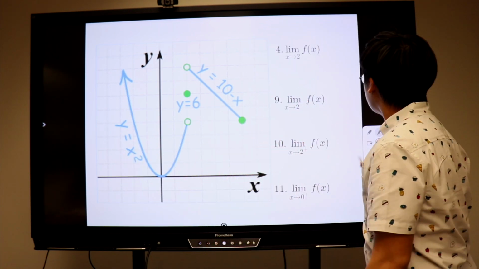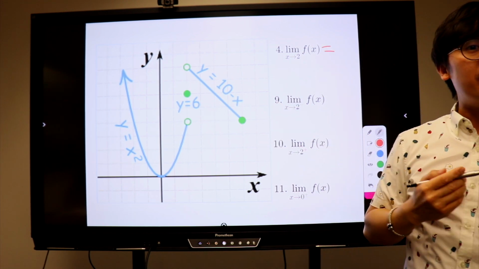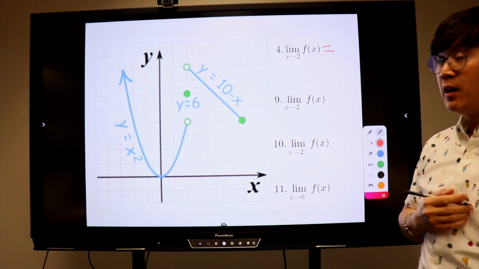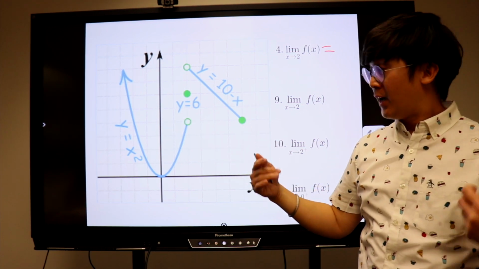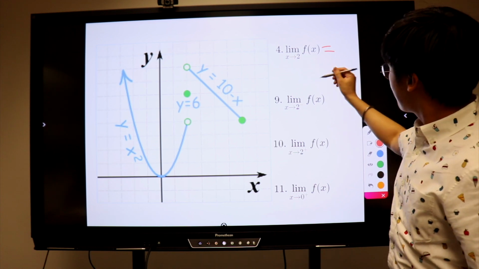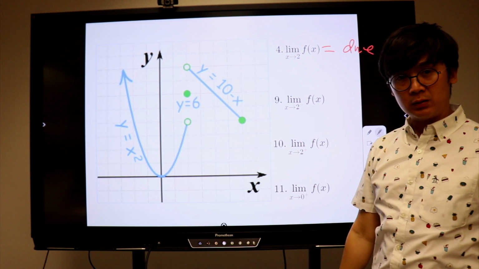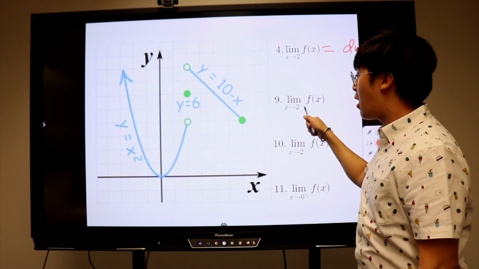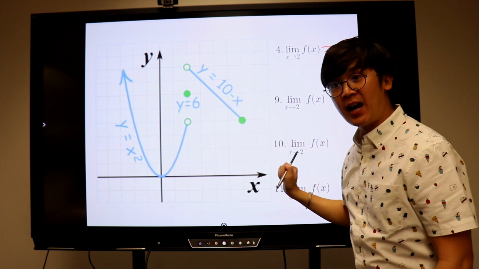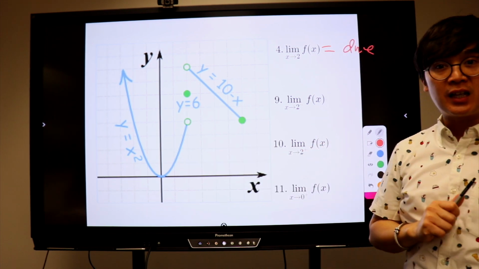Okay, so what's this? Do you have any directions on the first problem? No, it means it needs to be true from the left and from the right. And we know that this is what? What about if we have this problem? Limit of f of x as x approaches 2 from the negative side. What do you think is the value of the limit? Is it still going to be d and e?